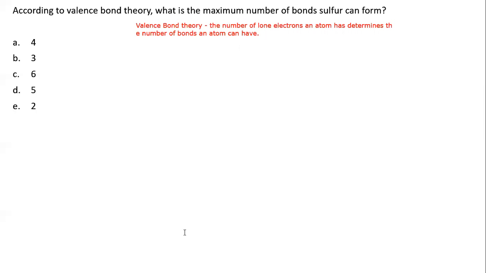So for example, if we look at hydrogen, its electron configuration, 1s1. So hydrogen has one lone electron, it can form one bond.